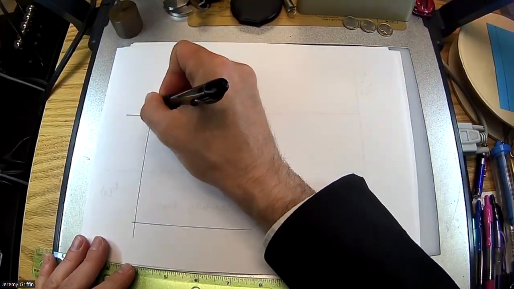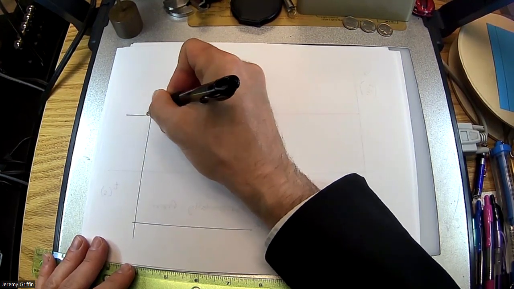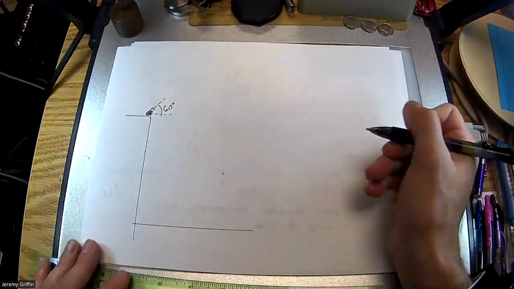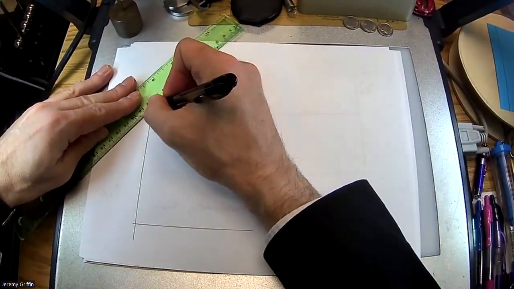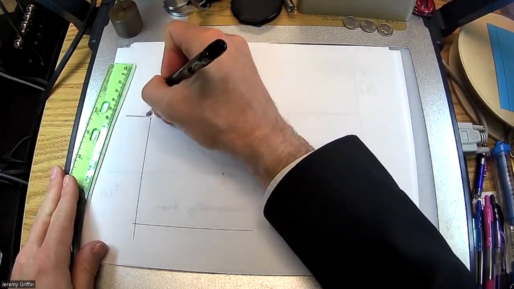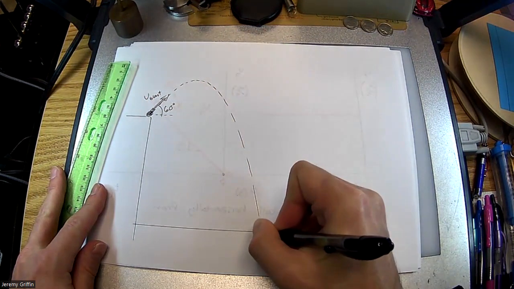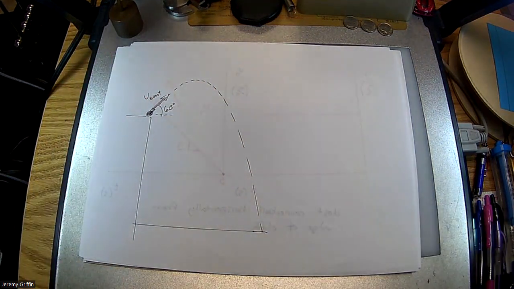Maybe I'll blast it up at 60 degrees from the horizontal. So this could be 60 degrees, V blast, and then the cannonball goes something like that.